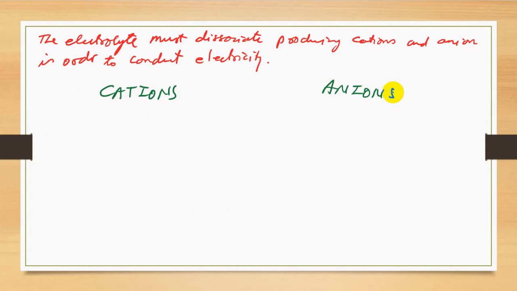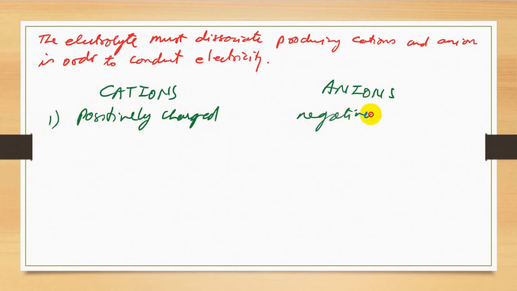So we'll write down that first. Number one, cations are positively charged and anions are negatively charged.